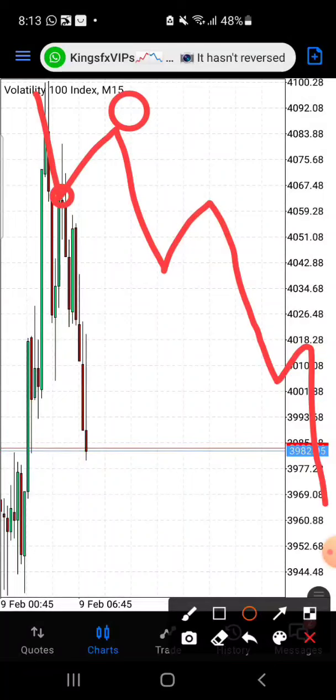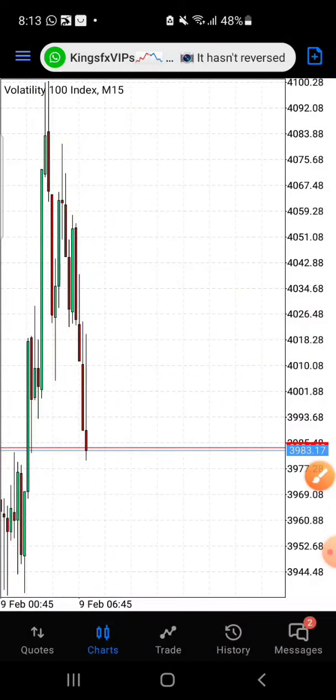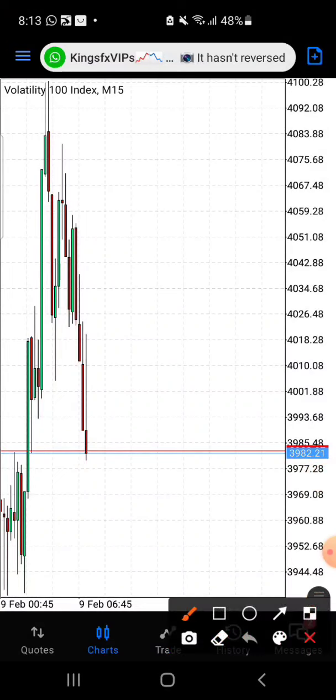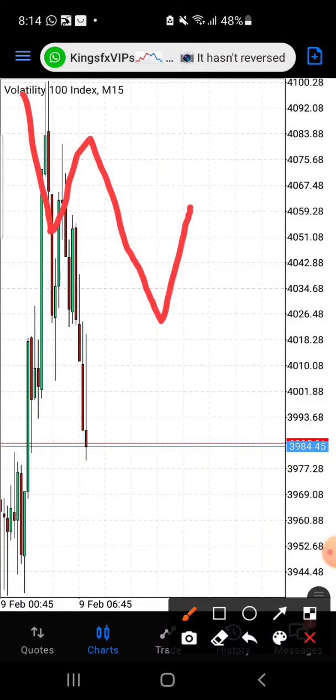Let's say you have confirmed this as a downtrending market, because the price is creating lower lows and lower highs. Once you see this kind of setup, what you're going to be looking for is I want to see the price make this movement. Then let's say the price pushes up again.